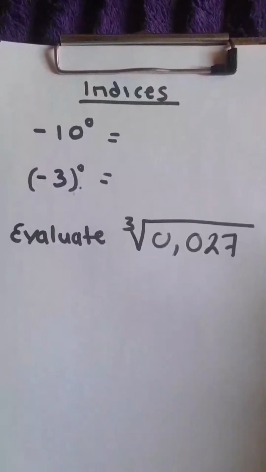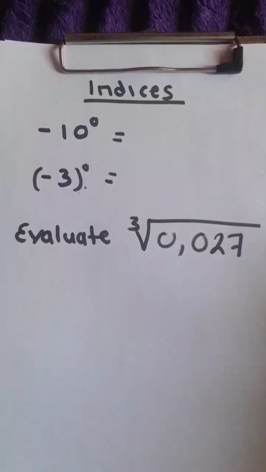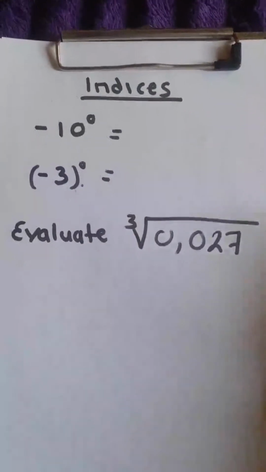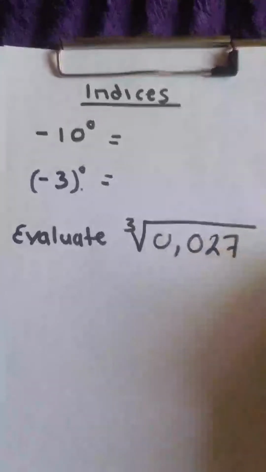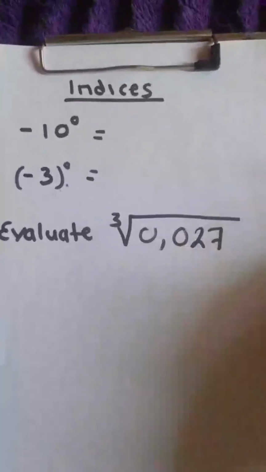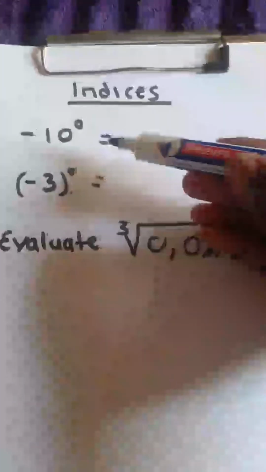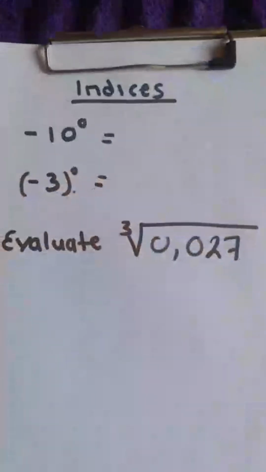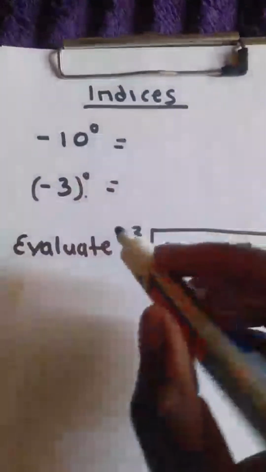On indices. So I want to simplify and evaluate the indices. The first one is negative 10 raised to the power of 0.